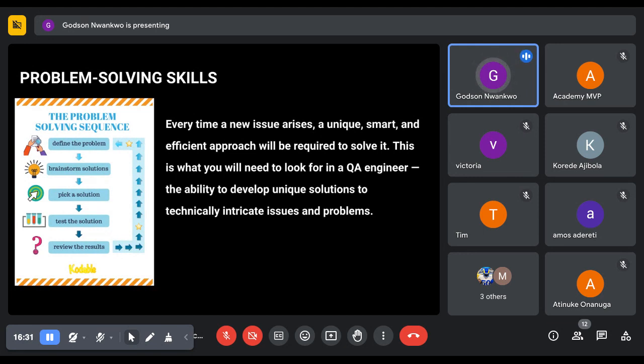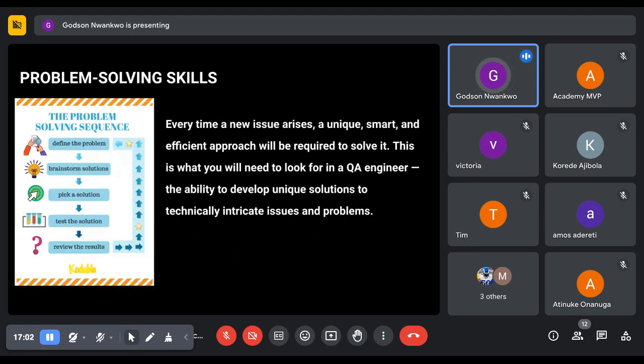When there's an issue, it is the responsibility of the QA or the PO to call the stakeholders in the team, which are the engineers, either the front end, the back end, or the mobile engineer, the PO, which is the product owner, the product manager, the designer, and all that.